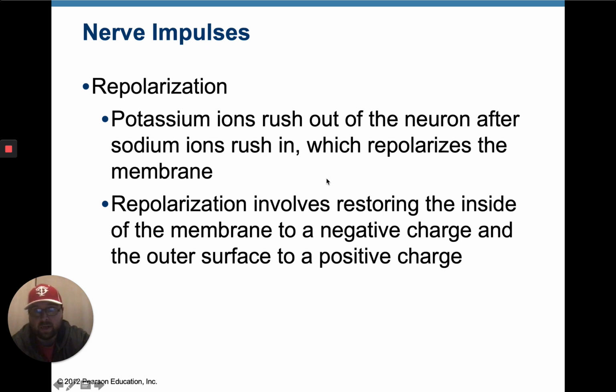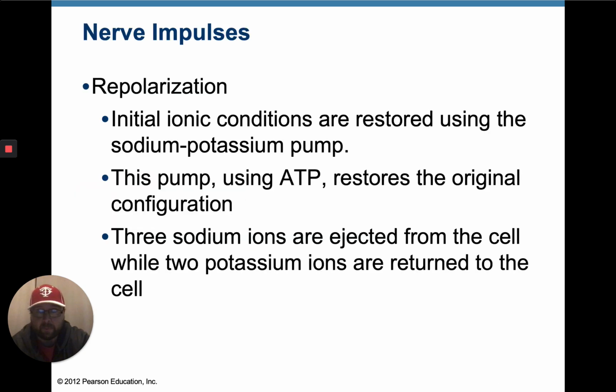Repolarization involves restoring the inside of the membrane to slightly negative and the outer surface to a slightly positive charge. One of the big players in this is a familiar name that we've seen before, and that's the sodium-potassium pump. So we get back to our initial conditions using the sodium-potassium pump.